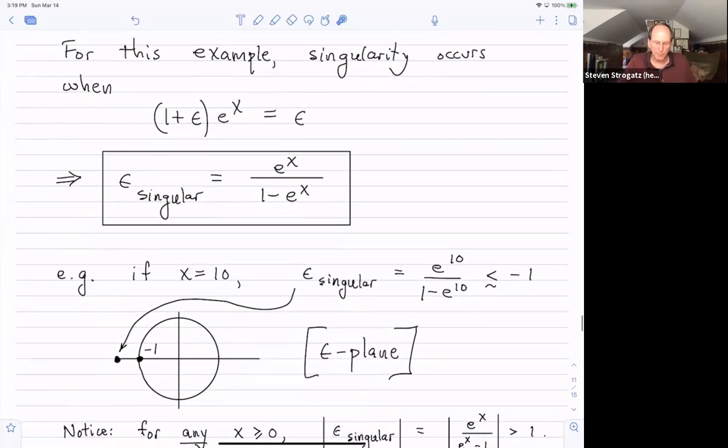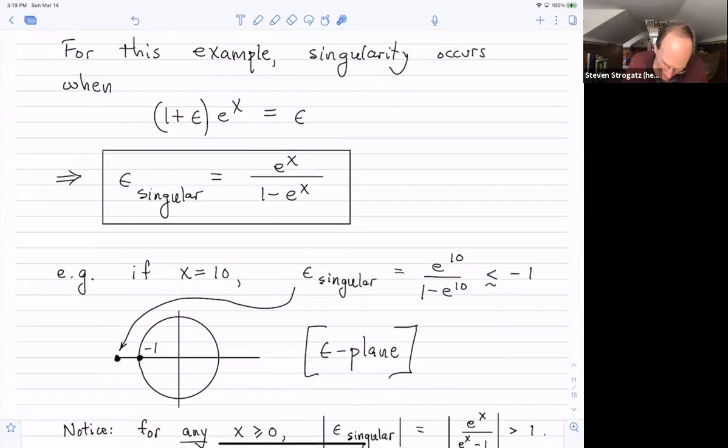So if you draw it in the complex plane, in the epsilon plane, you'd have this disk of radius 1 that is safe. It has not hit the nearest singularity. So you have convergence for any epsilon less than 1 in magnitude, or even less than this quantity in magnitude. We could push out a little farther if we want.